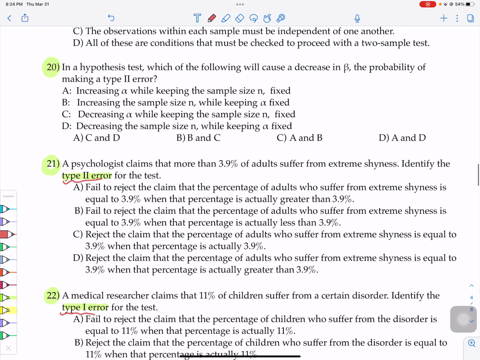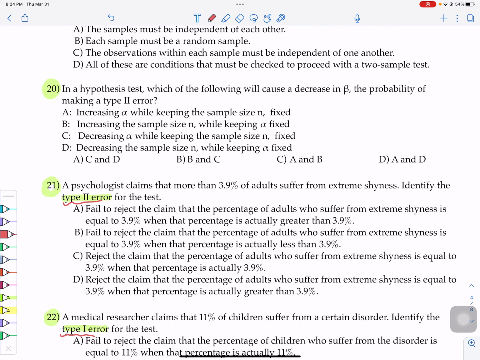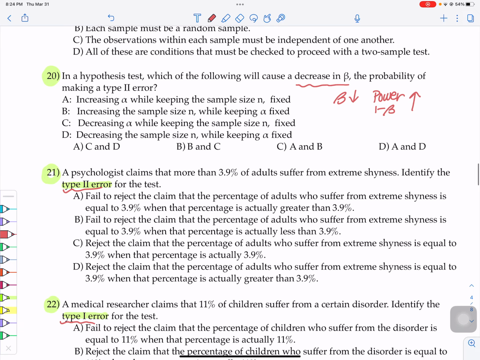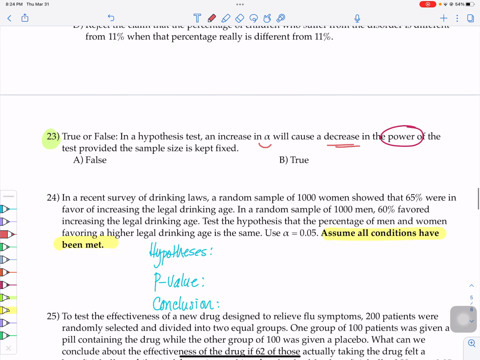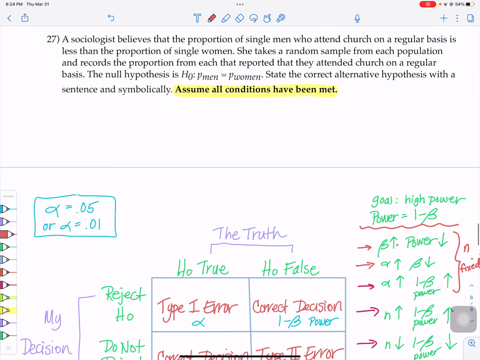Those are our errors. And here's another one. In a hypothesis test, which of the following will cause a decrease in beta? So keep in mind, if beta goes down, that power is going to go up, and that's what we want. So go ahead and think through that. And I think that might be it.